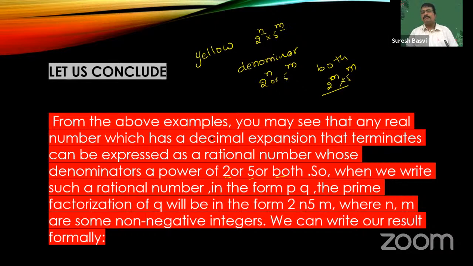We can write our result formally. So after doing all these problems, let us conclude that we can write formally p by q, where q is in the form of 2 power n into 5 power m.